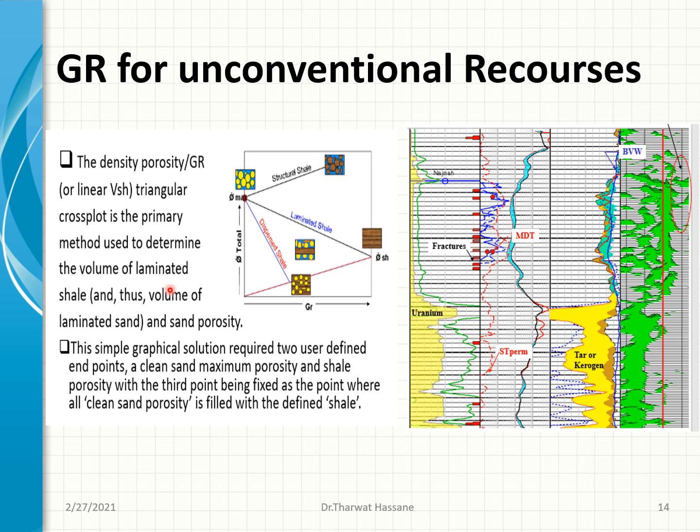So the gamma ray curve itself can be used with neutron porosity or density, and by using the Thomas-Stieber technique for this kind of crossplot, you can see if this kind of shale is dispersed when you see the data cloud put here, or you see the cloud put here. That means gamma ray can also be used to identify some unconventional resources and low resistivity pay reservoirs as well.